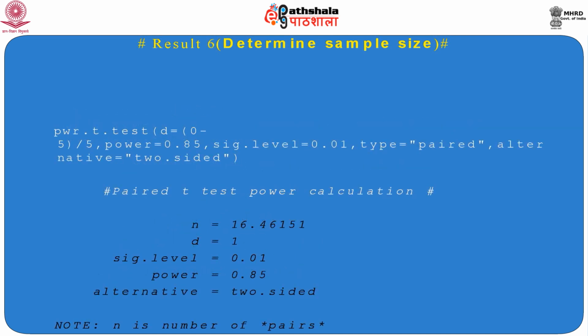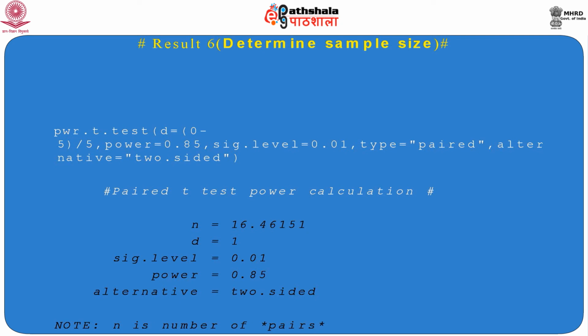Now we will reduce this power from 0.9 to 0.85, and the sample size again reduced from 18 to 16.46. So it depends; it is basically an optimization to get the optimum sample size by inclining one hand the significance level and declining the power, and on the other hand inclining the power and declining the significance.